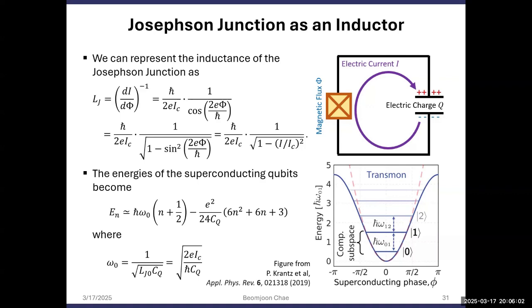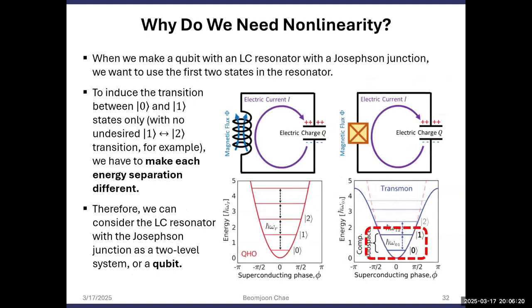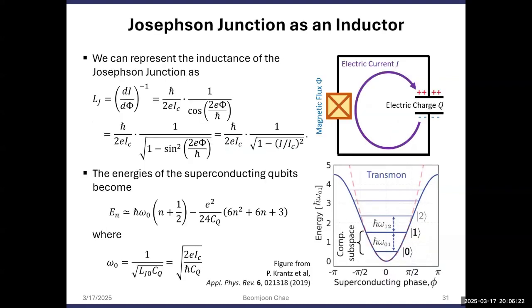So you can see that the energy difference between adjacent states is not the same. This is how we can describe the Josephson junction as a nonlinear inductor.